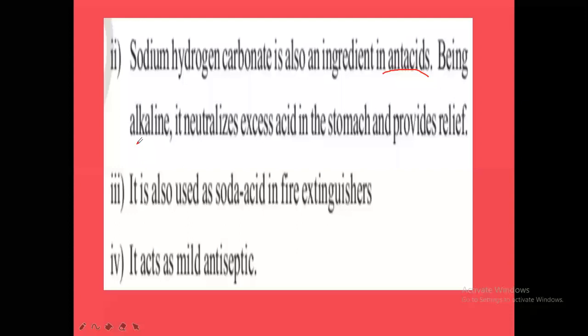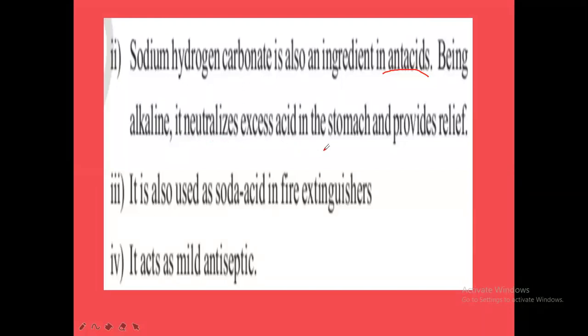Being alkaline, meaning basic in nature, it neutralizes. Baking soda neutralizes excess acid in the stomach. Which acid is produced in the stomach? HCl acid. That HCl acid will be neutralized by this alkaline NaHCO3 and provides relief. We get rid of acidity.